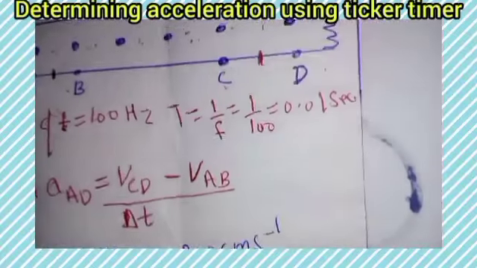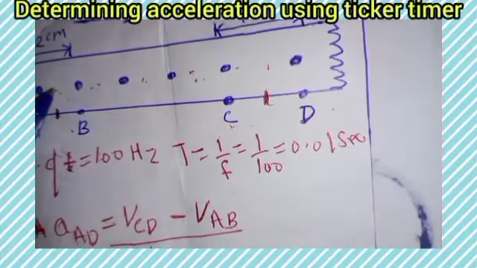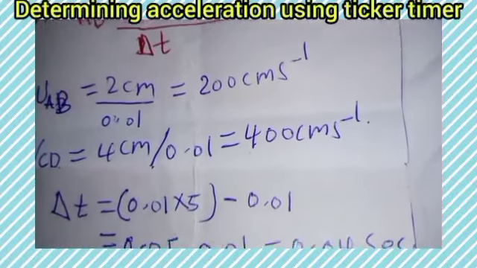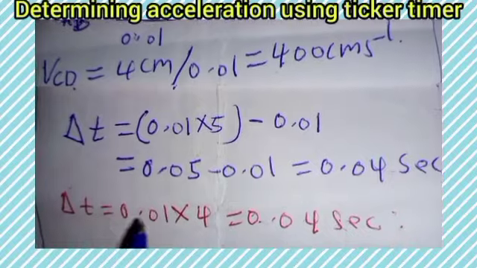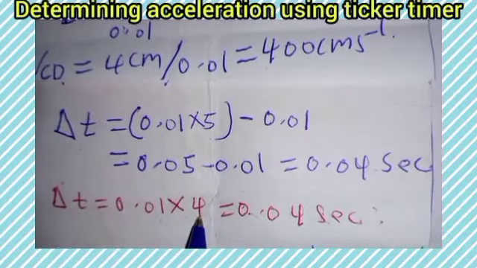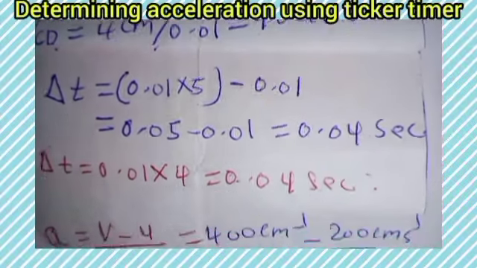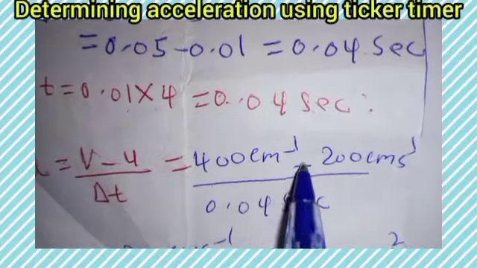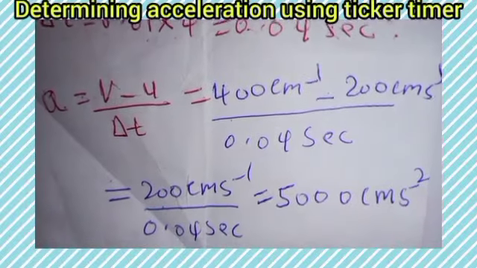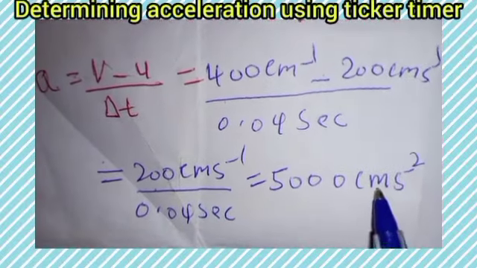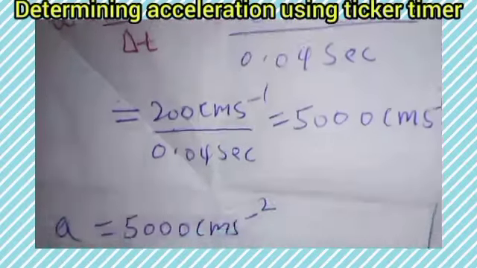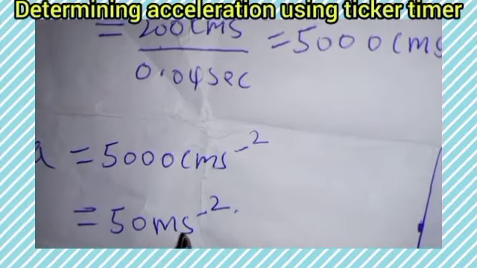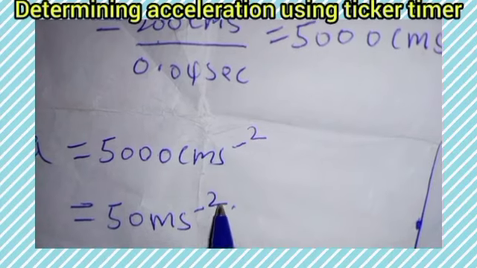In our case, we have found these spaces are 1.5, 2.5, 3.5, 4. So you multiply 0.01 times 4 to get 0.04. Then once you have the final velocity, initial velocity, and the change in time, you substitute and simplify to give your result as found here. And we have obtained 50 meters per square second.